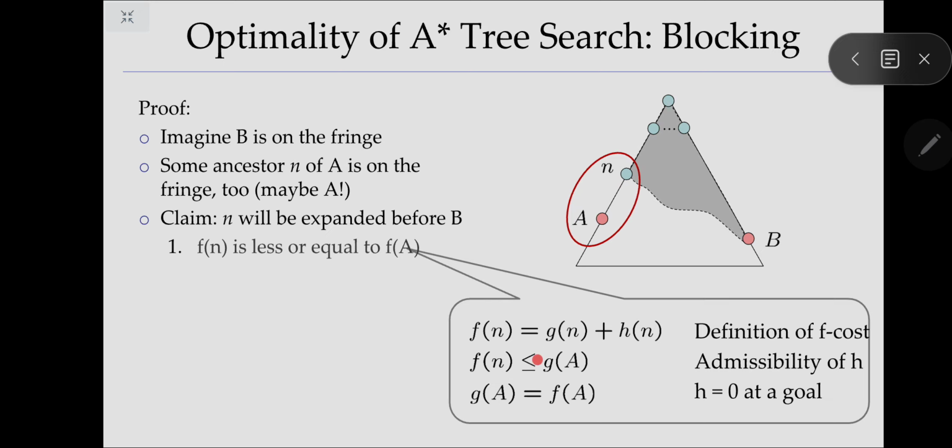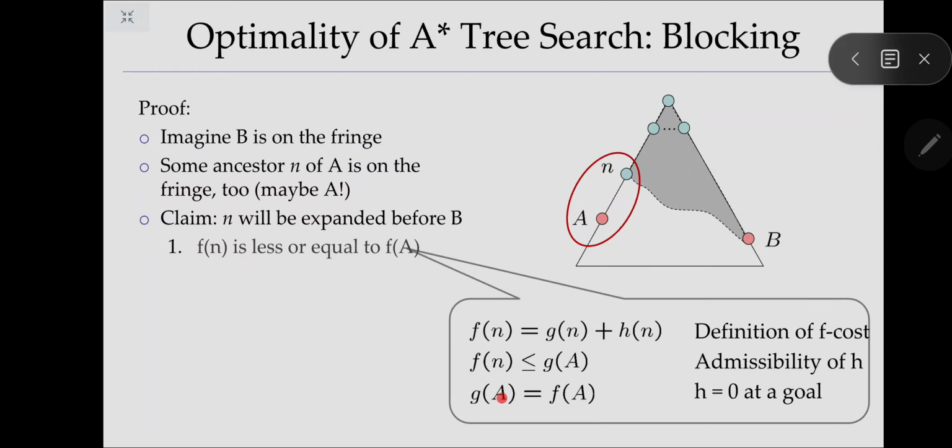As you remember, because A is a goal, and in the goal H is 0, Fa and Ga are equal.